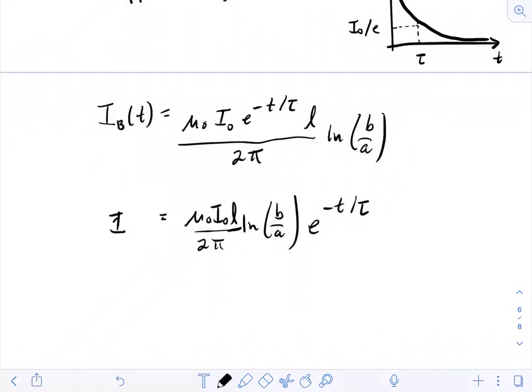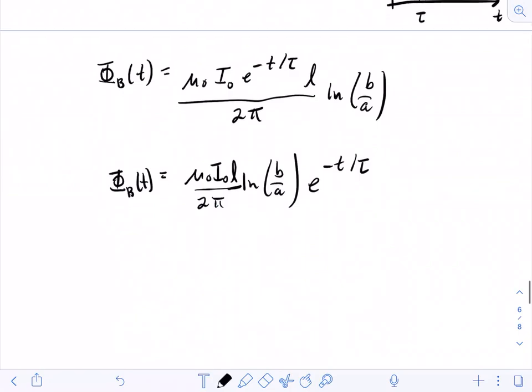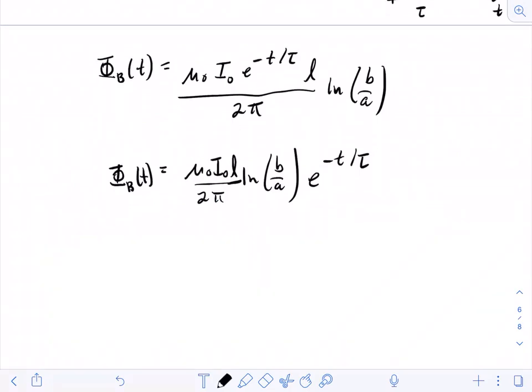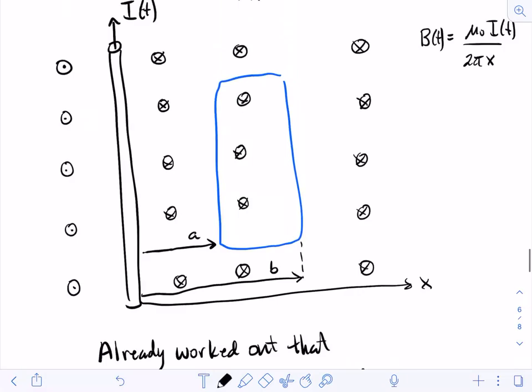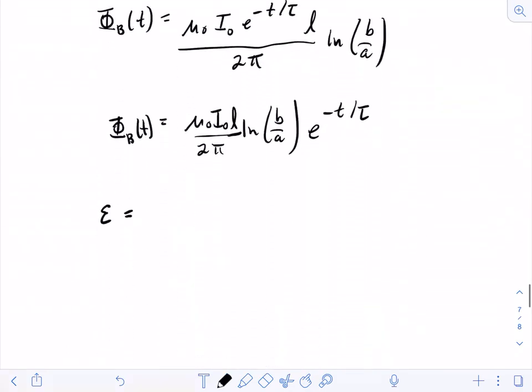Sorry, this is magnetic flux, right? It's not current, it's magnetic flux. Okay, so Faraday's law says that the induced EMF now, in this rectangular loop of wire, let's suppose, is equal to the magnitude of the time derivative of this magnetic flux.